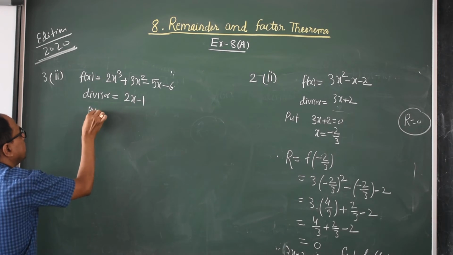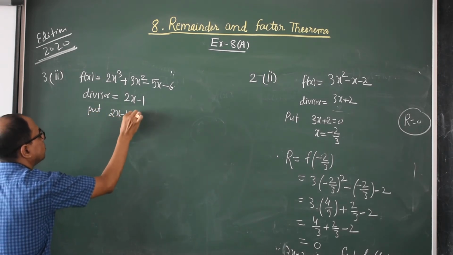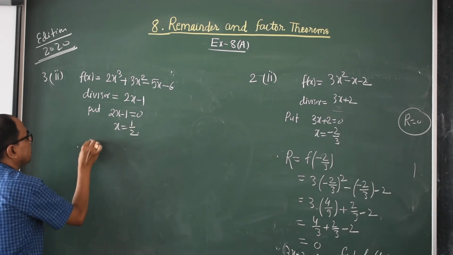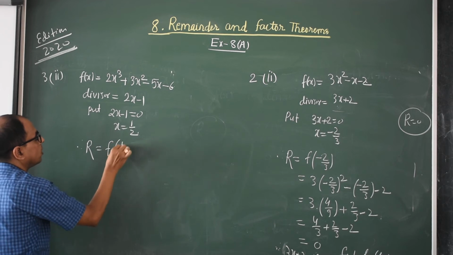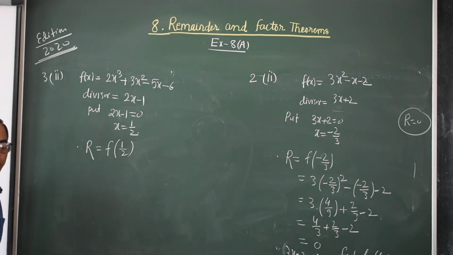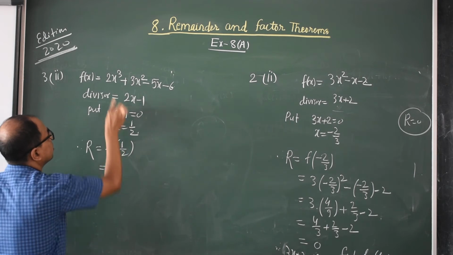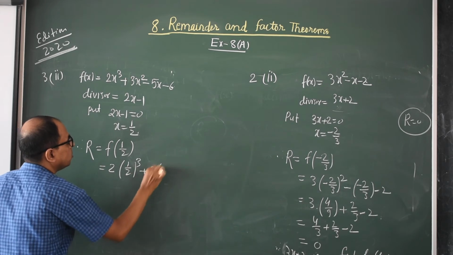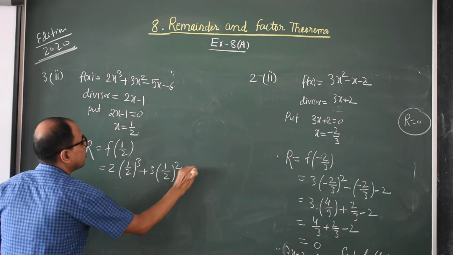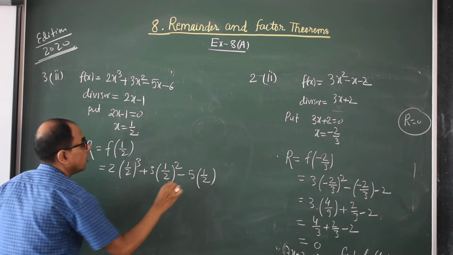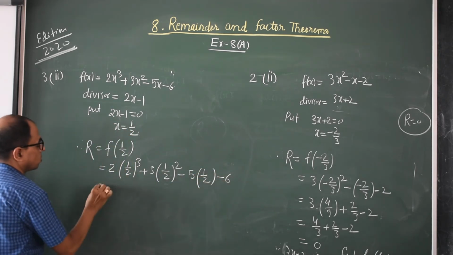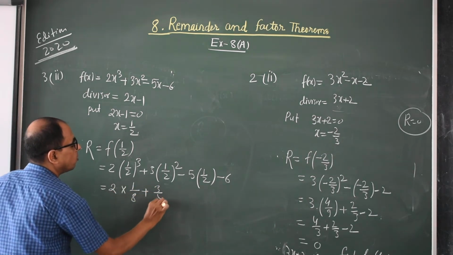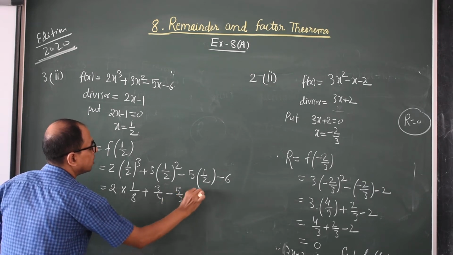So putting 2x minus 1 equal to 0, here x is equal to 1 by 2. Therefore remainder is equal to the polynomial at x equal to 1 by 2. Now put the value 1 by 2 in this polynomial: 2 into (1 by 2) whole cube plus 3 into (1 by 2) whole square minus 5 into 1 by 2 and minus 6. Now solve it. 2 into 1 by 8 plus 3 by 4 minus 5 by 2 minus 6.